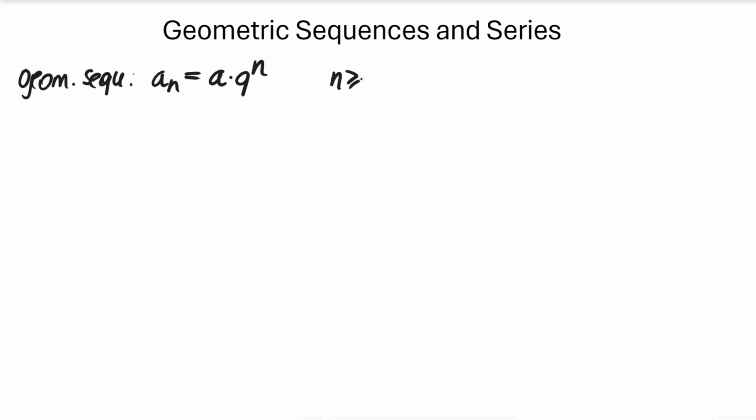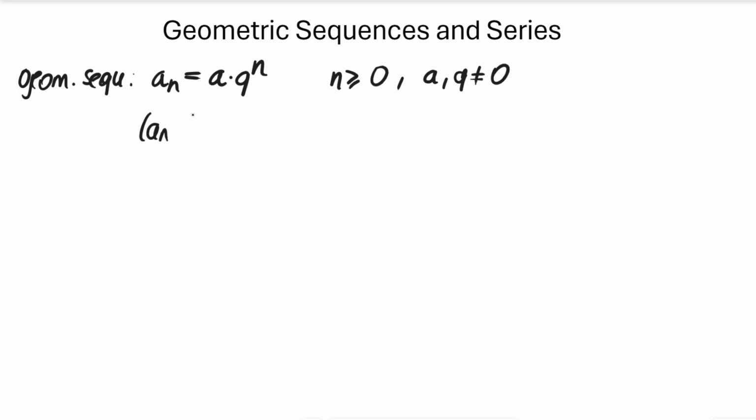The n are integers greater or equal 0, and the a and the q are both not equal to 0, otherwise this is always the 0 sequence and it doesn't make sense.